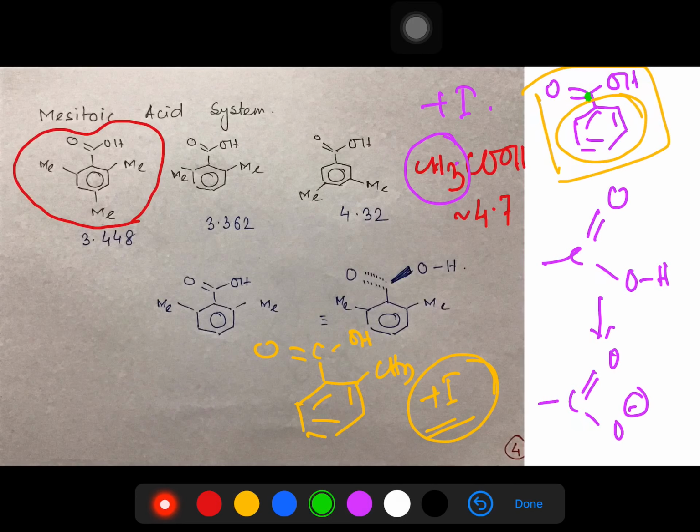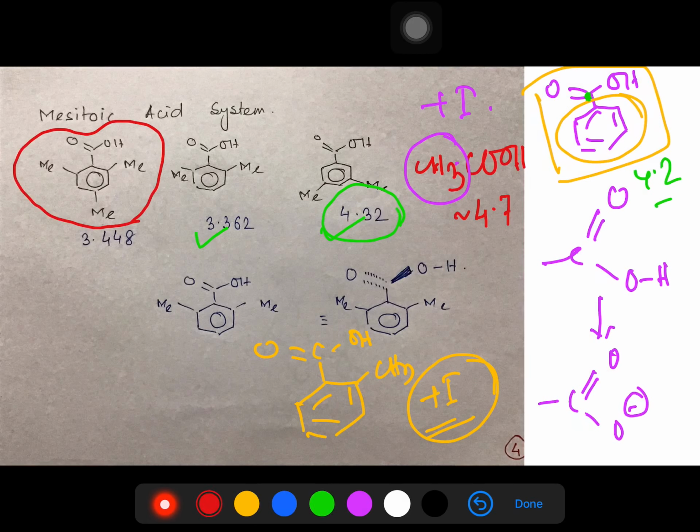So what is expected, that benzoic acid should be more acidic compared to this and this. Fine. But actually it is not, because benzoic acid's pKa is around 4.2, fine. But in this case it is expected to be higher, less acidic, 4.32.